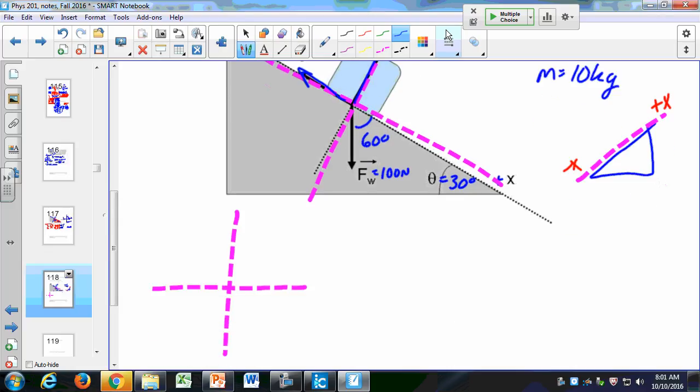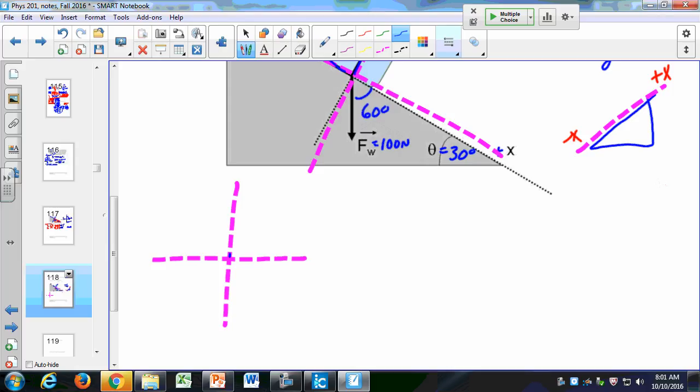Alrighty, let's see, we have our normal force, which is up. We have Fs, which is in the negative x direction. We have our x and y components of Fw. What's this? Cosine of 60. Fw sine of 60.